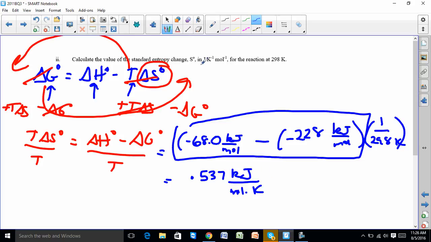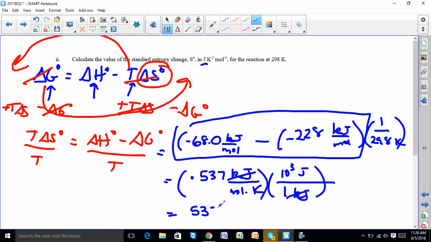But it specifically asks for joules per mole K. So then 1 kilojoule goes down, 1,000 joules goes up. And so if you do that, you get 537 joules per mole K. And again, keep in mind, my bias is we should only have 2 sig figs. This should have been 230, blah, blah, blah, but just keep 3.